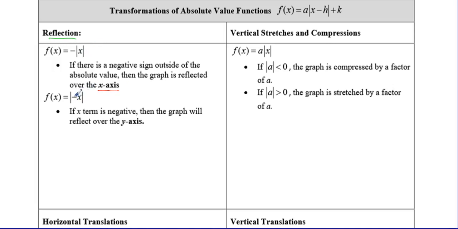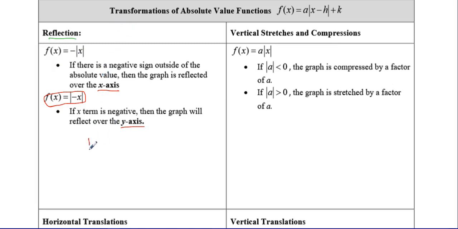Or the negative could be on the inside, which would cause it to flip over the y-axis. Now we're not going to look too much at these types of functions where it's reflecting over the y-axis. It's going to be important for later math classes such as pre-calculus or calculus, but for Algebra 2, we're not going to mess around too much with this. We are going to focus on this reflection where you're reflecting over the x-axis.